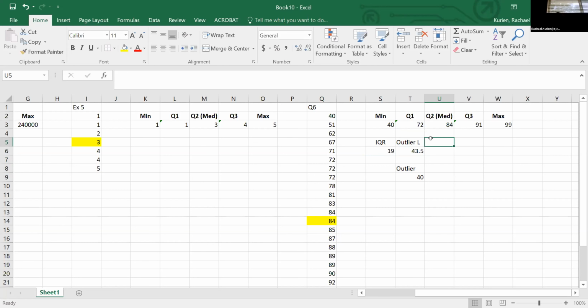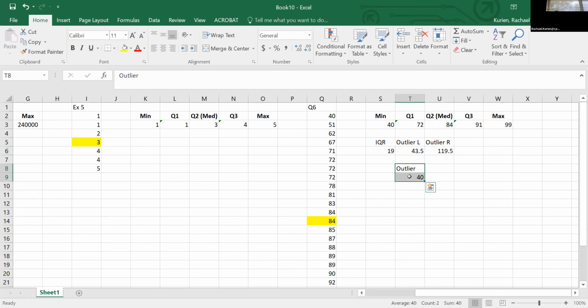Let's look at the right and see if there's any number bigger. So we have Q3 plus 1.5 times IQR, and we get 119.5. Are there any numbers bigger than 119.5? No, because keep in mind 99 was our max.